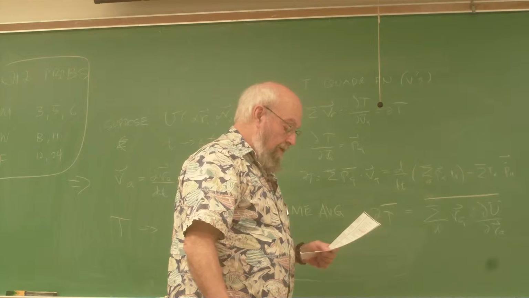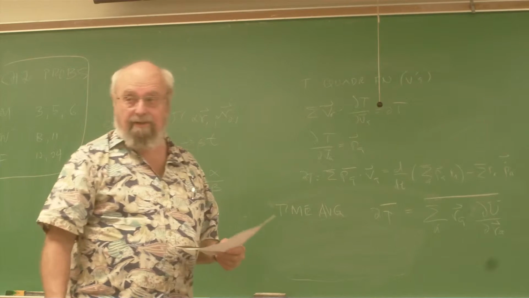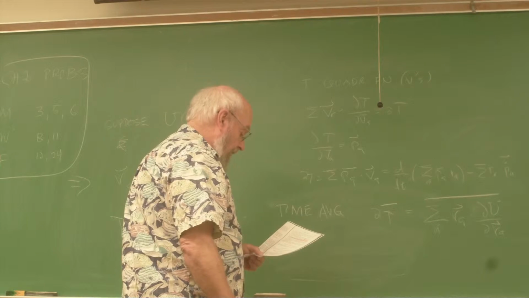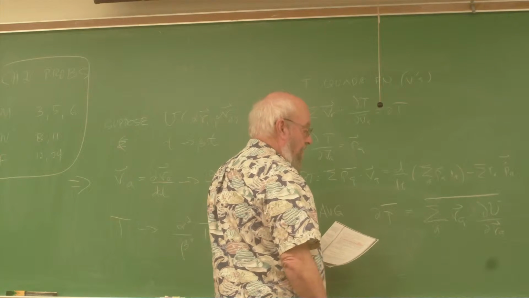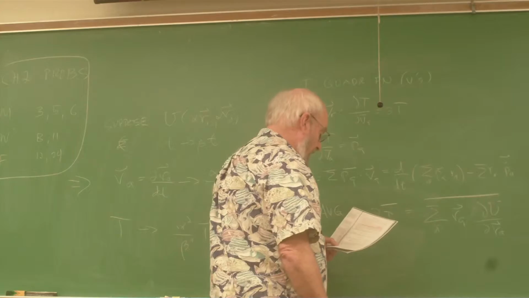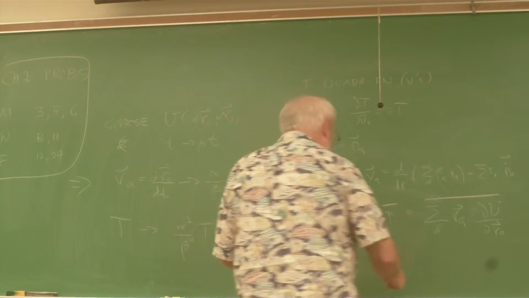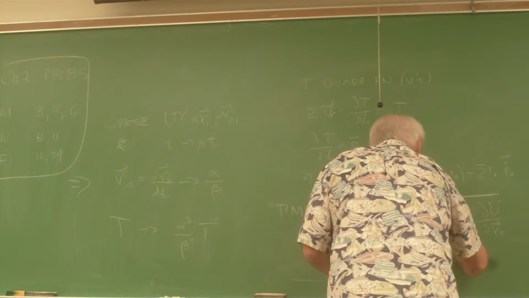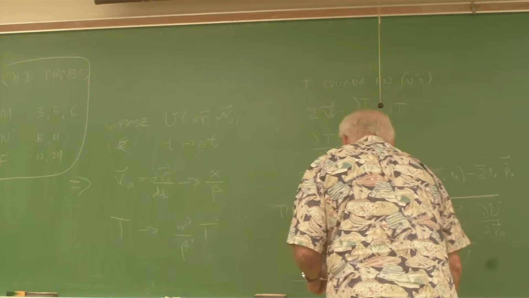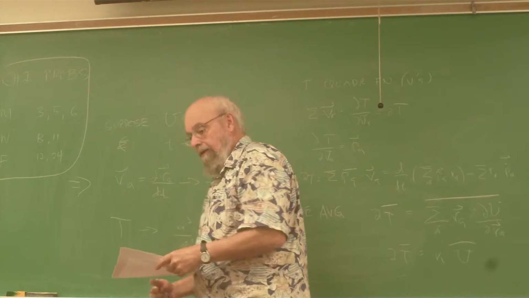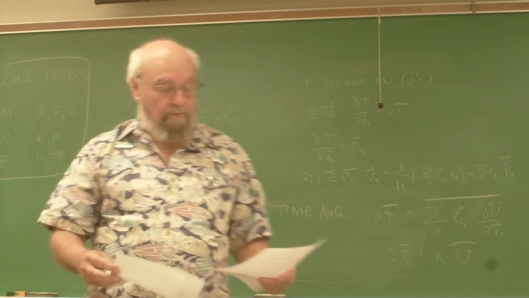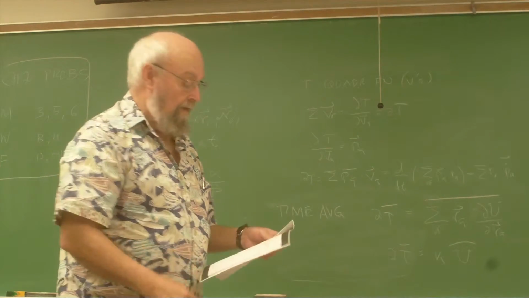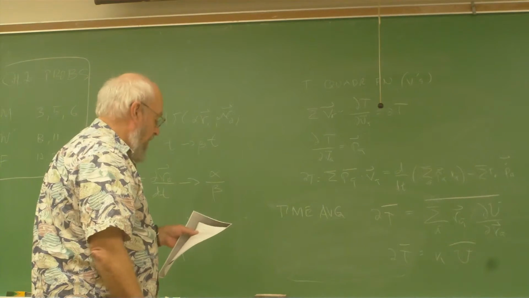If the potential energy is a homogeneous function, once again, of degree k in the radius vectors, then you see what happens immediately, that this pops out to be 2T bar is equal to k U bar. And that's the nice result.